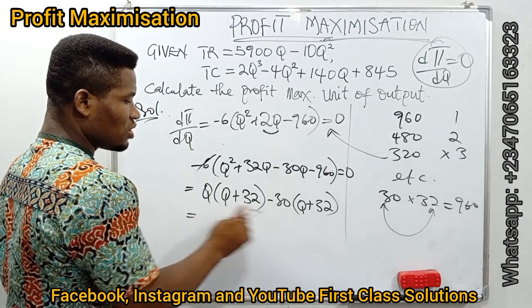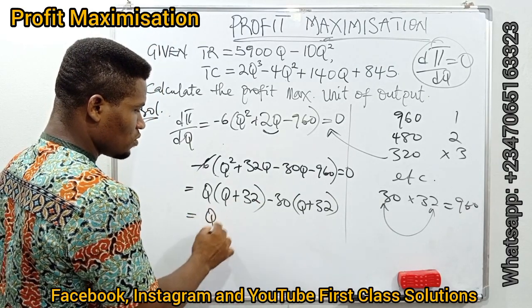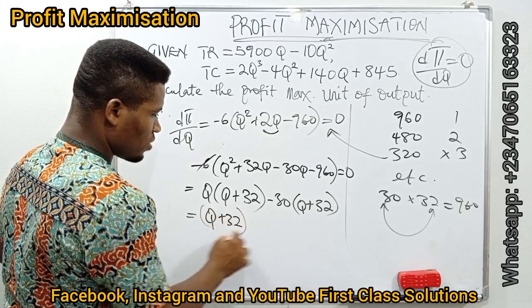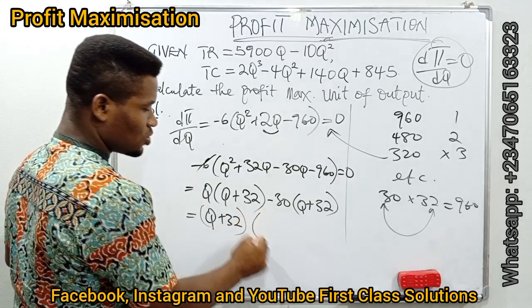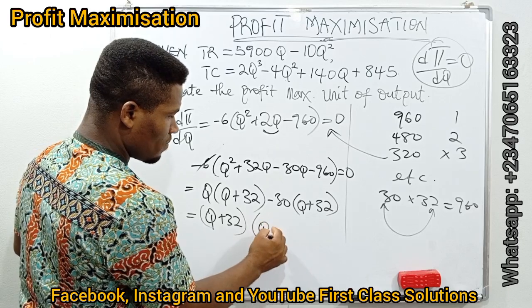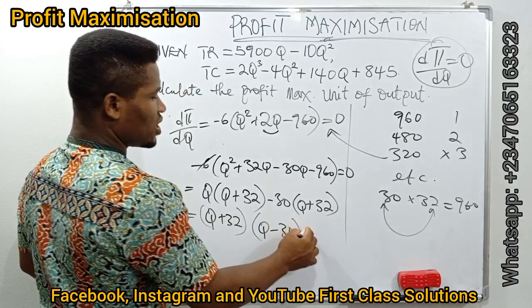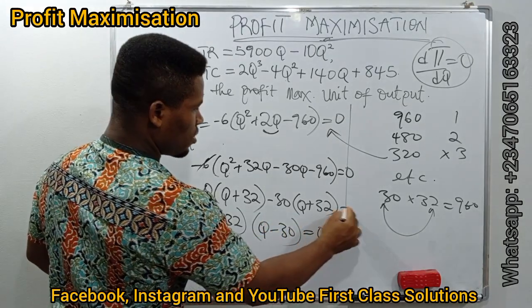They are similar. So we take one of them as q plus 32, then take the other one and put it into brackets: q minus 30, all equal to 0.